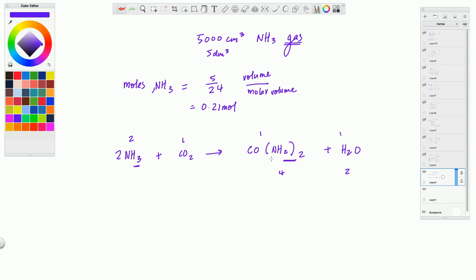Okay, so we want to calculate the mass of urea. Okay, so this one is 0.21. So the ratio is 2 to 1.